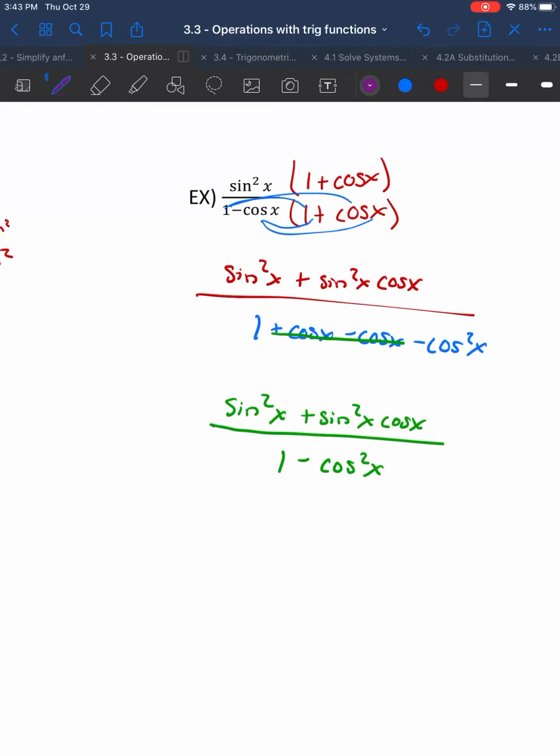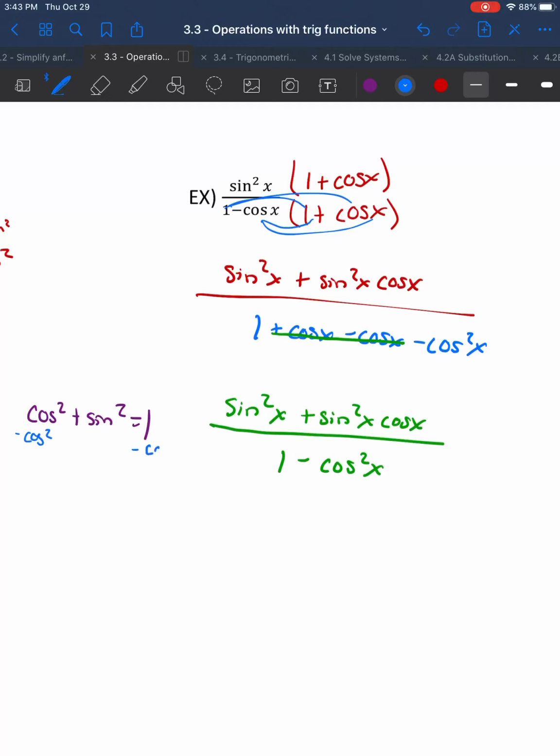All right, my denominator. I've got some sine squareds and stuff going on in the numerator, but I'm going to pause and wait for that. Let's clean up this denominator first. I have an identity that says cosine squared plus sine squared equals 1.